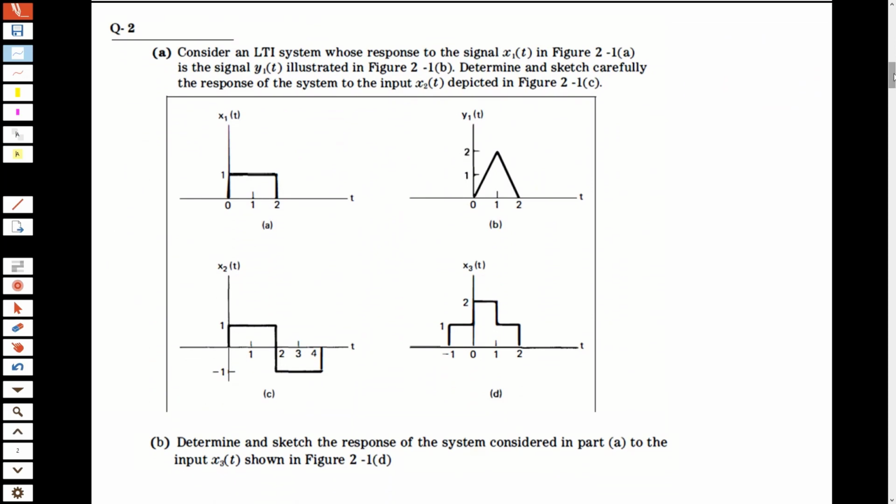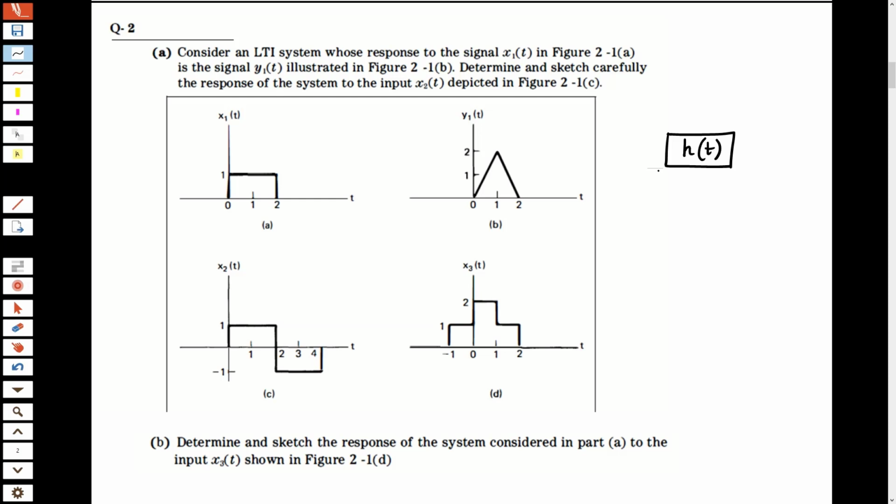Moving on to question number 2. Consider an LTI system whose response to signal xt in figure 2.1a is the signal y1t, which means we've got some system. It's a continuous time system, right? So let its impulse response be ht.